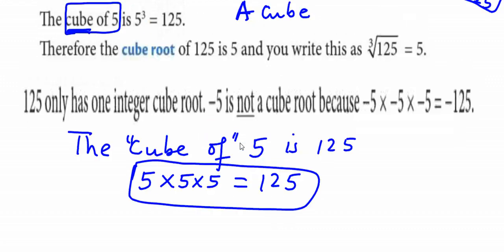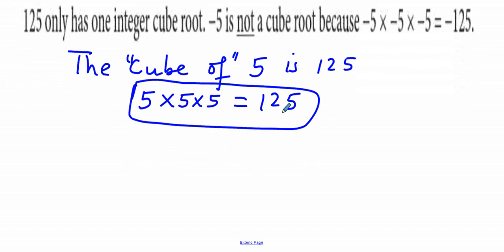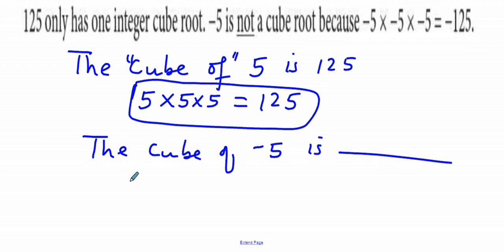Okay. What if they ask you, the cube of negative 5 is equal to how much? The cube of a number, you take that number multiplied by itself 3 times. That is how we figure out the cube of a number. Now in this case we have the cube of negative 5, and this is negative 5 times negative 5 times negative 5. Now to figure this out, let us talk about the signs.